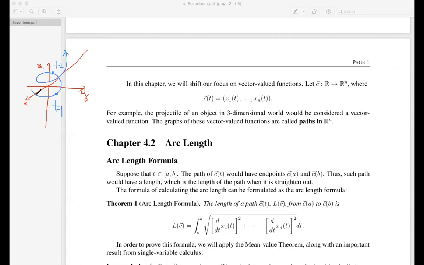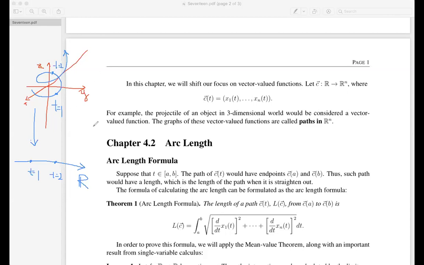If you just put it flat here, it is like an R1 object, the graph of this path, with time 1 and time 2.